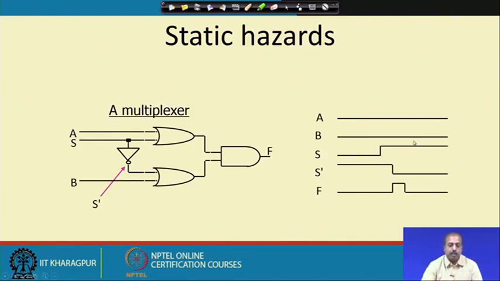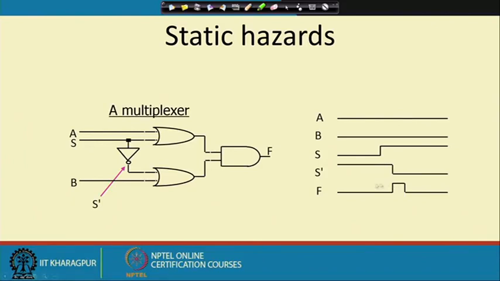Since A and B both are low, even if S changes its value, output F should not change its status, because the OR gates should always produce 0, as A and B are both at 0, and S is selecting one of them. So, one of the OR gate outputs will always be 0, that is expected. But what happens is, due to the delay of this NOT gate, S bar does not get the value immediately. It takes some delay, and after that S dash becomes 1.